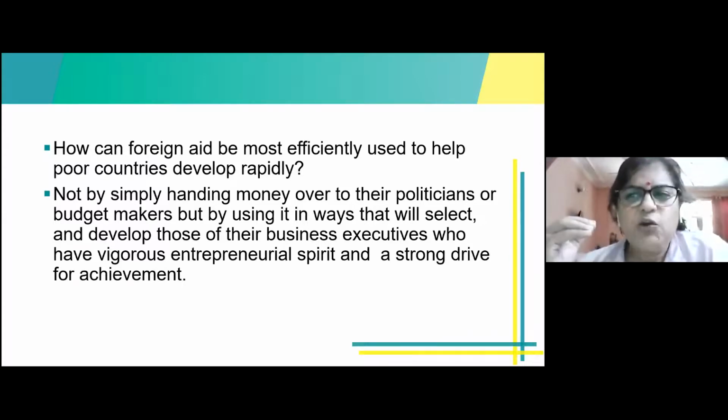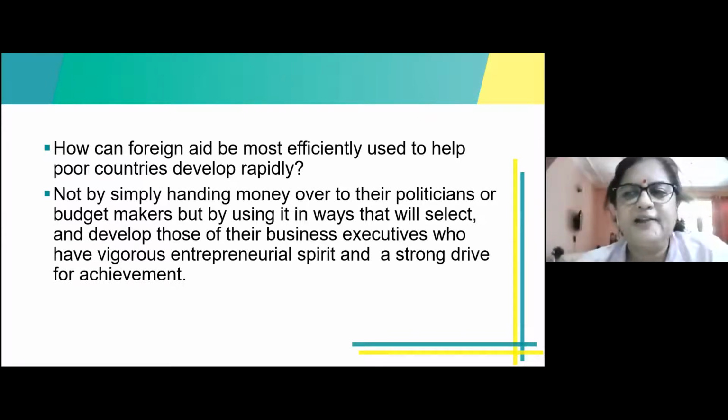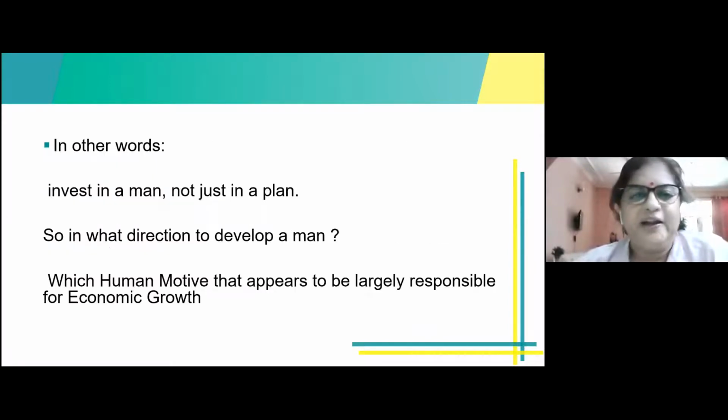And this is what today India is also talking about, making people self-reliant and spreading education on entrepreneurship, so that instead of becoming job seekers, they become job providers. In other words, what McClelland said, he was a Harvard psychologist, was invest in a man, not just in a plan.